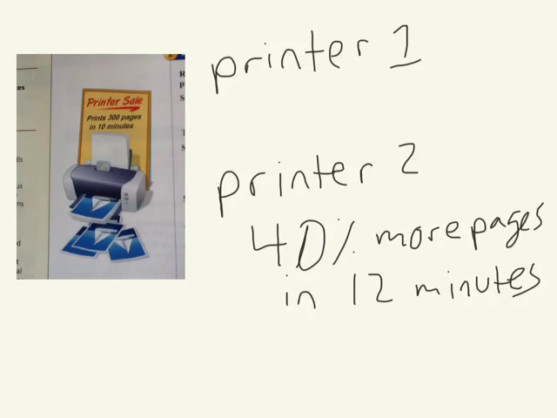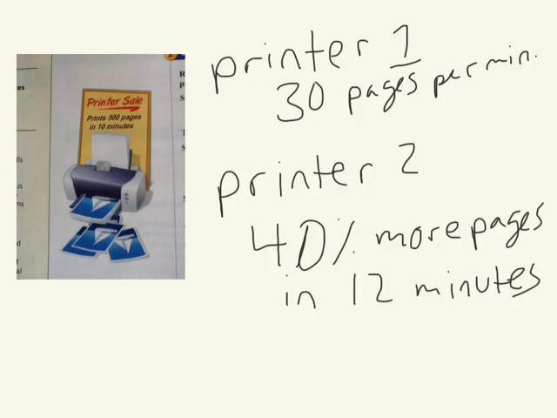So let's go back. And we can say Printer 1 is 30 pages per minute. Now we need to figure out how many pages Printer 2 prints per minute. So let's take our information and figure that out.